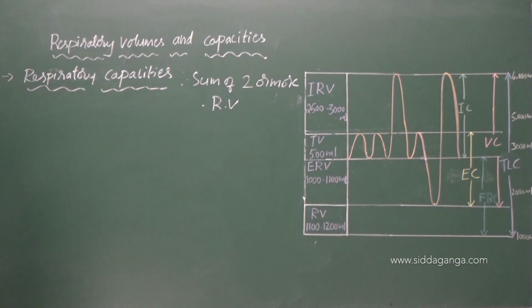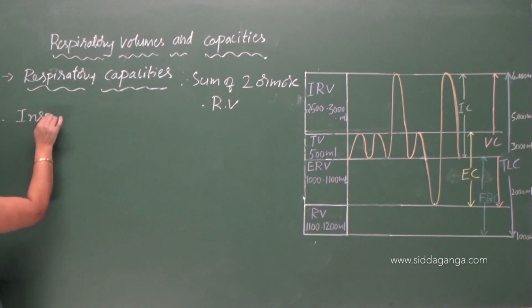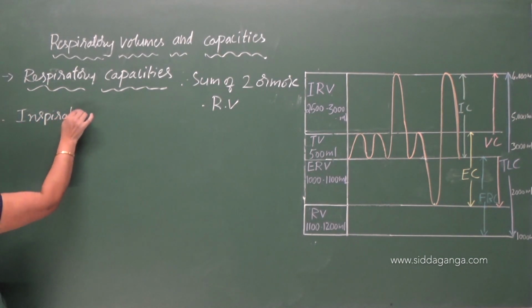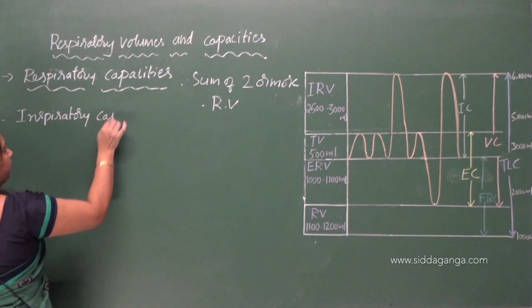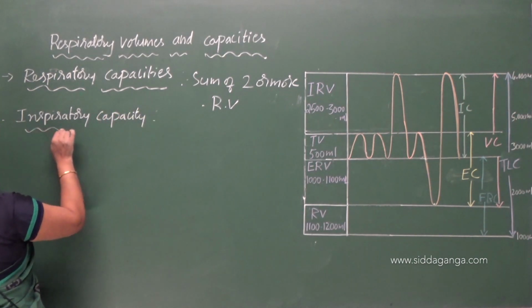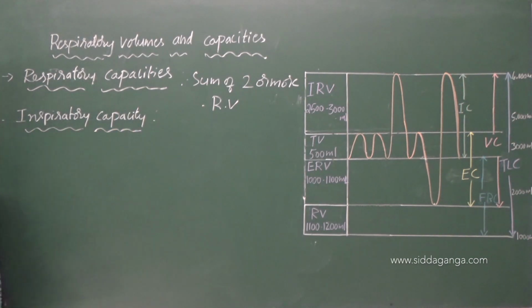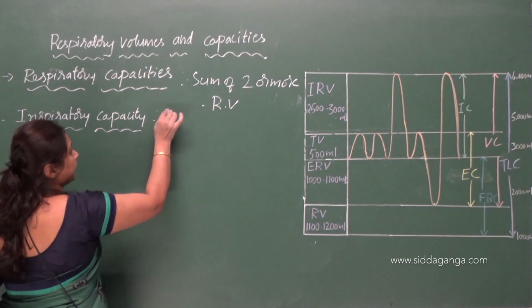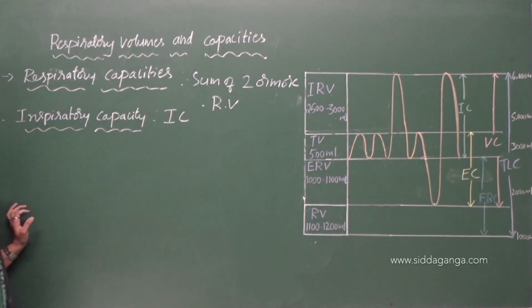So the first is inspiratory capacity. In short, it is called IC. So what is inspiratory capacity?